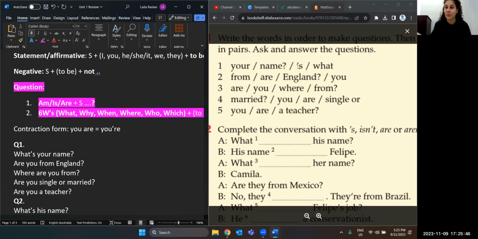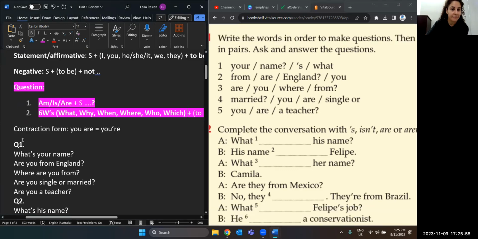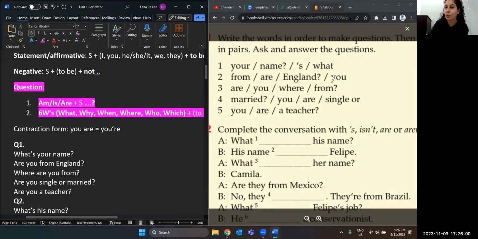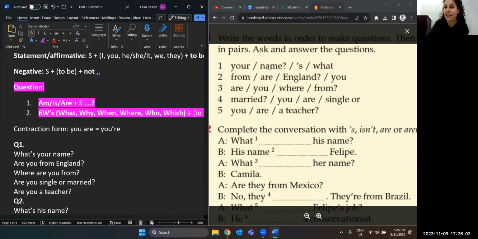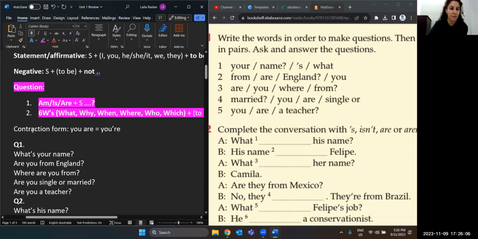So what's, because we connect them. So it's what is, because we can connect the question word or a subject to the verb to be. So what's your name? Yeah, what's your name? Yeah, so contraction form, we were using the W and is. What's your name?